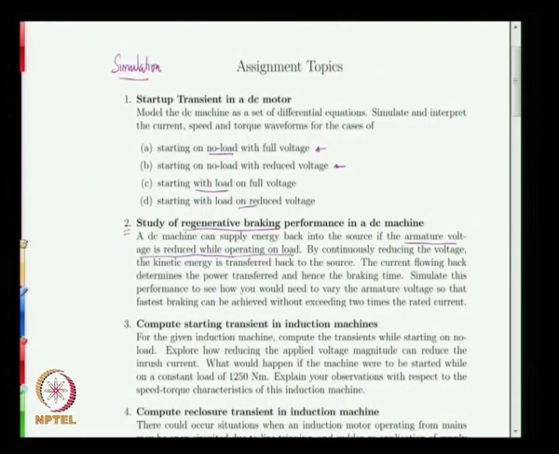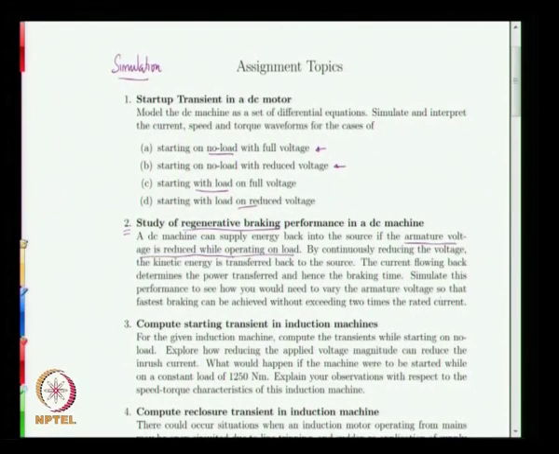Suppose you want to brake the machine fast, how will you operate this regenerative braking? Suppose you want to brake the machine slowly, how will you operate it? All this can be studied with the help of these equations. One has to program your simulation code in such a way that as the speed falls you also reduce the supplied DC voltage, and then see how it works.